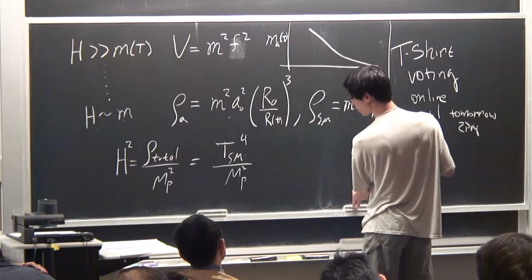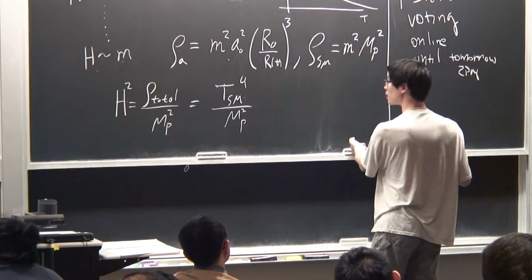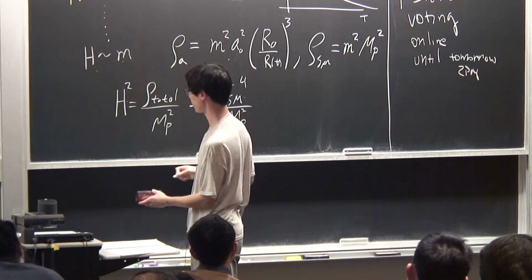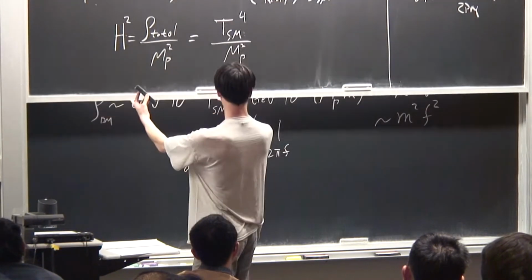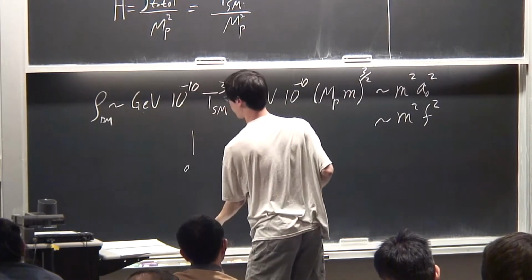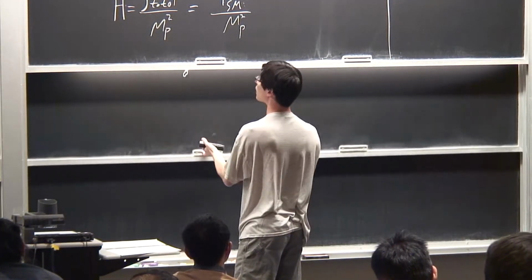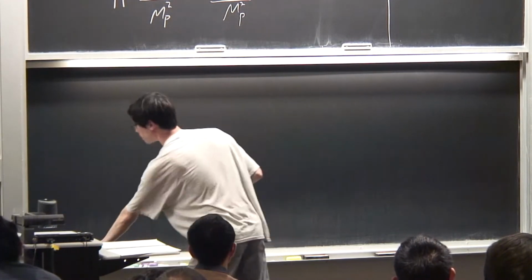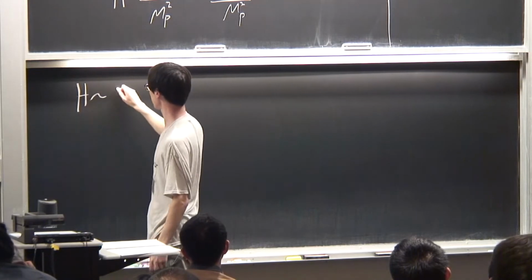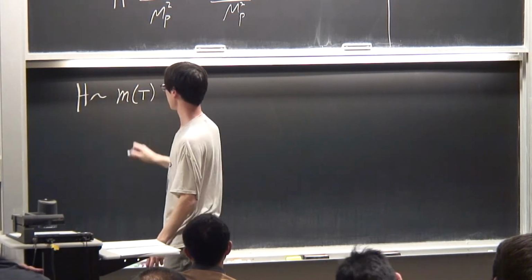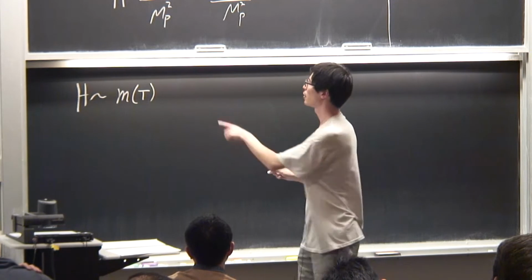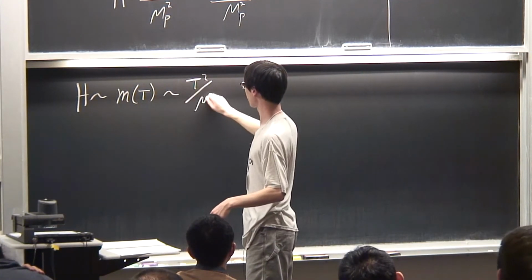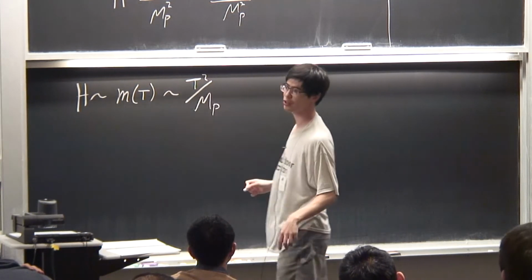Okay, so our starting point is going to be when Hubble equals m squared. Hubble scales as m of T. And remember, Hubble is T squared over m Planck, which is why this equation has one solution.